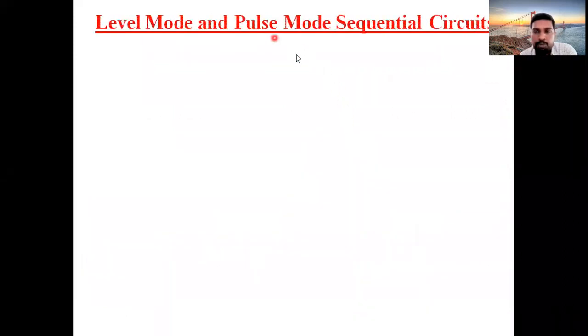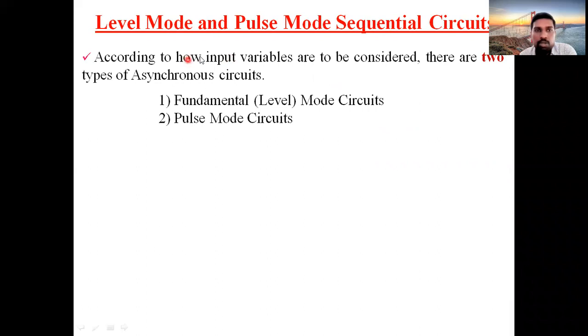Next, we have two types of circuits: the level mode of circuit and the pulse mode of circuits. This classification is based upon how the input variables are to be considered. According to that, there are two types of asynchronous circuits. One is the fundamental mode, also called level mode circuits, and the second one is pulse mode circuits.